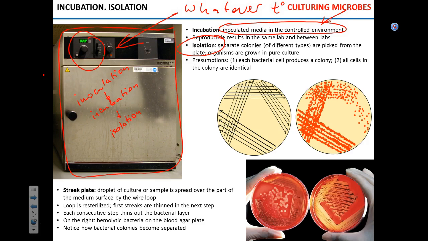What are the approaches? So first of all, when we isolate microorganisms, we operate on certain presumptions. Now, this is really important to understand, the whole scientific idea of presumption. Presumption doesn't necessarily mean truth.